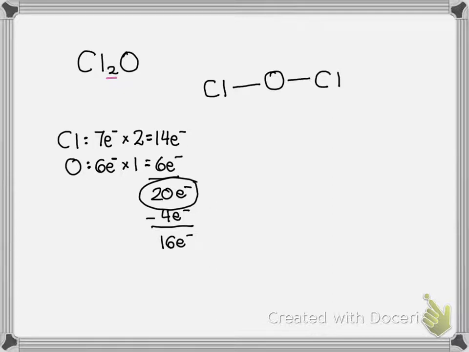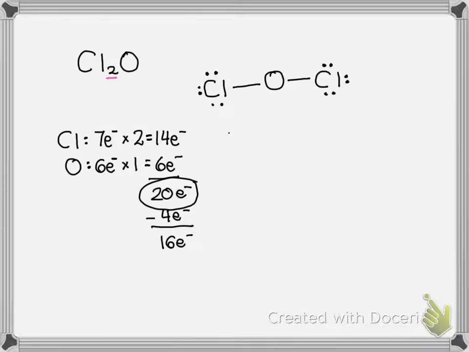The way you apply these 16 electrons is first go to the periphery, which means the outside, the atoms on the edge. We're going to add lone pairs to give each one of them 8. So if you have a single bond, then it will take 3 lone pairs, on that chlorine and on this chlorine.